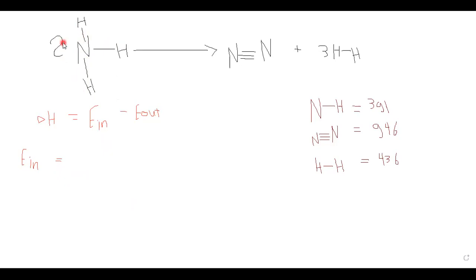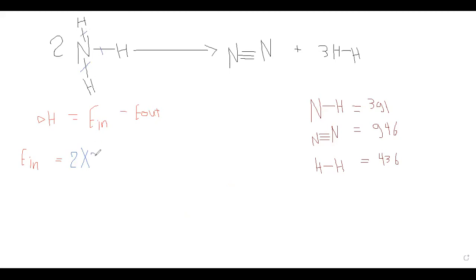So 2 multiply 3. Multiply the value of each bond. What is the value of N bond H? It's 391. I'll go step by step with you. Why did I write 2? Because there is 2 at the beginning. Multiply, how many bonds do you have in N bond H? 3 bonds.